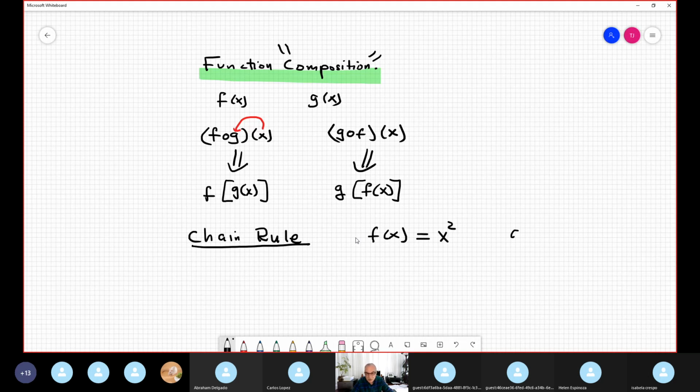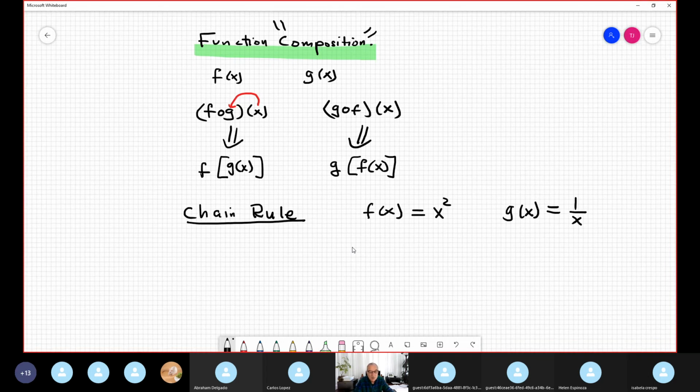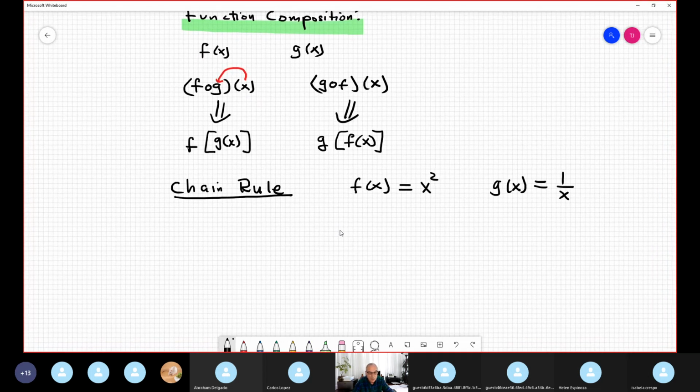And the function g is maybe a reciprocal, 1 over x. You want to compute the composition, for example, in that order: f composition g of x.